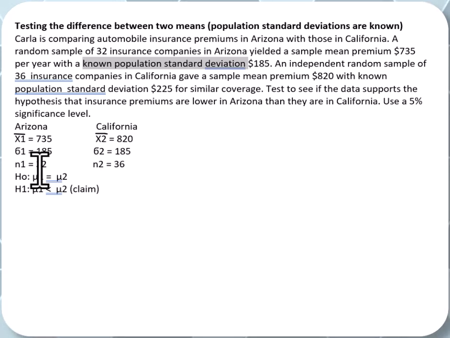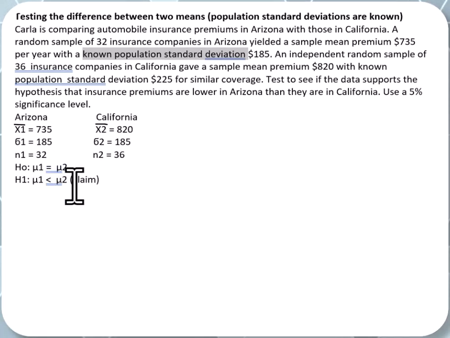An independent random sample of 36 insurance companies in California gave a sample mean of 820. So X2 bar is 820. Known population standard deviation, so that's sigma 2, which is 225 here. Sorry, I put 185 by mistake. And the sample size is 36.